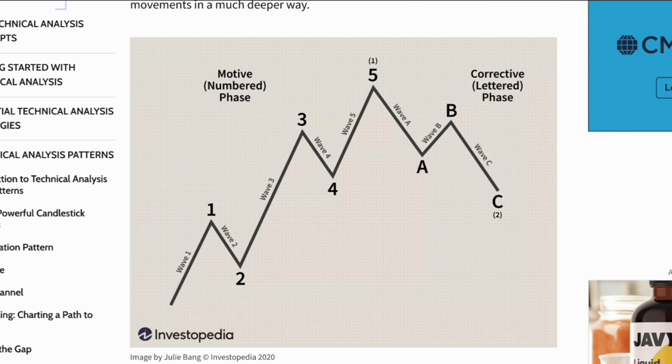And from wave A to C, the large trend of these 3 waves is a downtrend, which makes wave A and wave C impulse waves. So in this one huge cycle, wave 1, 3, 5, and wave A, C are impulse waves.